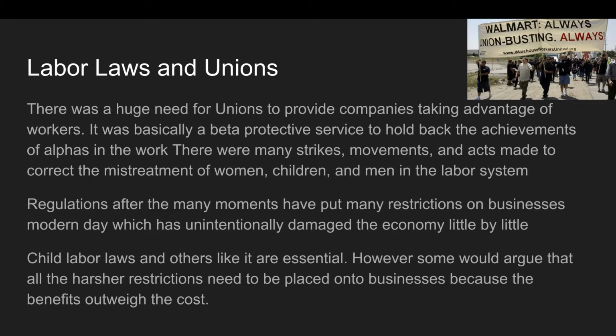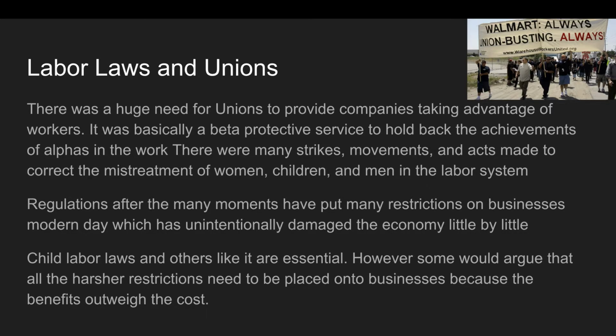Lastly, there was a huge need for unions to stop companies from taking advantage of workers. It was basically a protective service to hold back the achievements of alphas in the work. There were many strikes, movements, and acts made to correct the mistreatment of women, children, and men in the labor system.